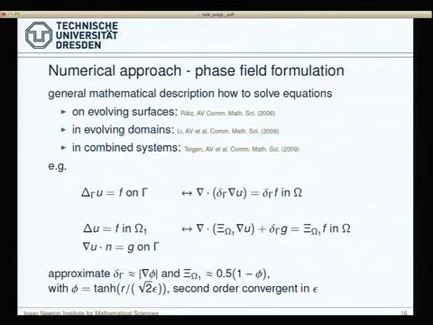So we have done this over the past years, how to formulate general PDEs on surfaces or in evolving domains with general boundary conditions and so on. And the idea behind this is actually quite simple, and I just gave you the simplest equation one could think of. So think of a Laplace equation on a surface with a Laplace-Beltrami operator and some scalar valued quantity u, some concentration.